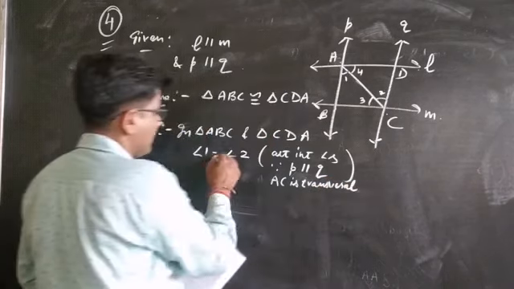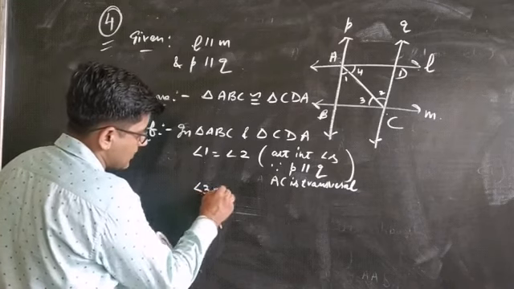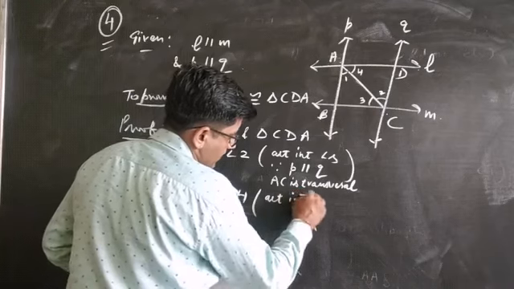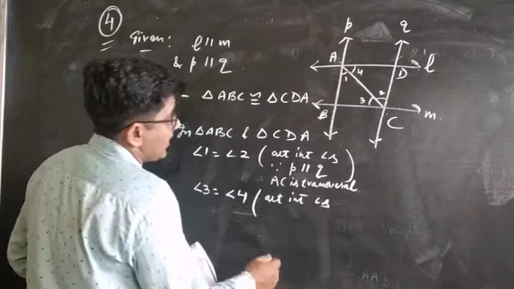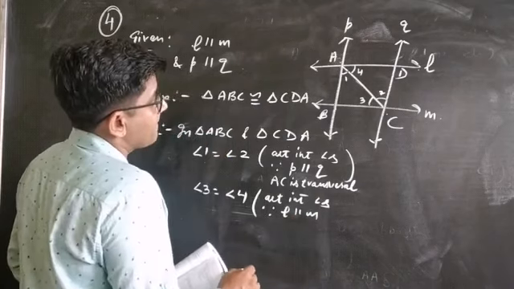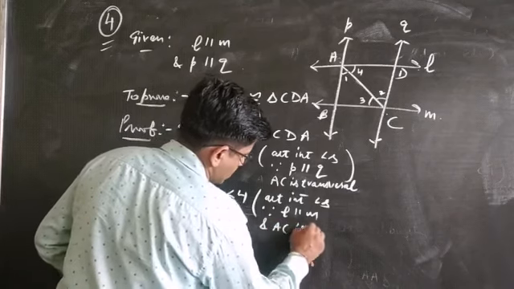That's why angle 1 is equal to 2. Similarly, angle 3 is equal to angle 4, again alternate interior angles, and this time because L is parallel to M and AC is transversal.